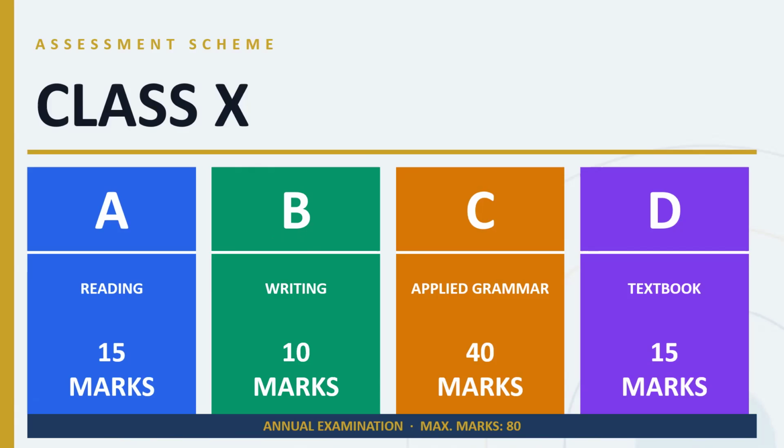This is again for 15 marks. Here in the 15 marks section, you will be getting three types of paragraph. In the first paragraph, there will be fill in the blanks from the text. In the second paragraph, there will also be fill in the blanks. And the third paragraph will be question answers.